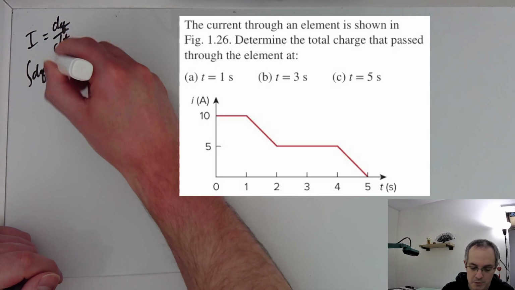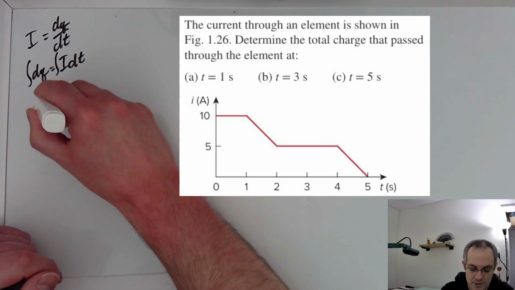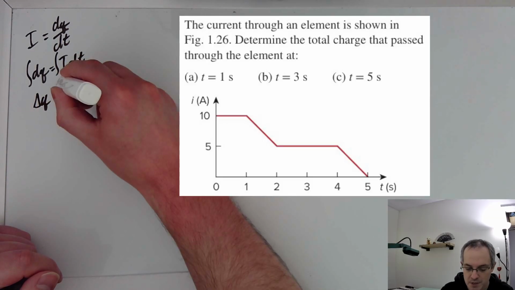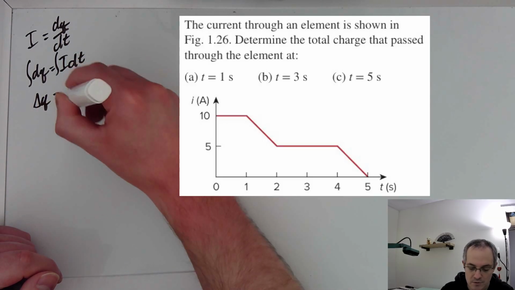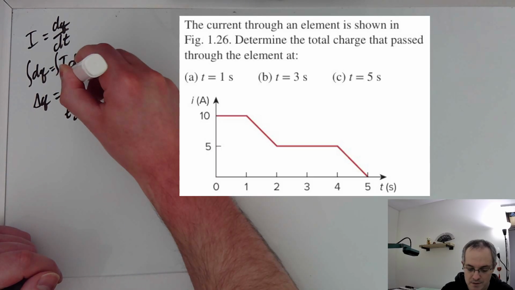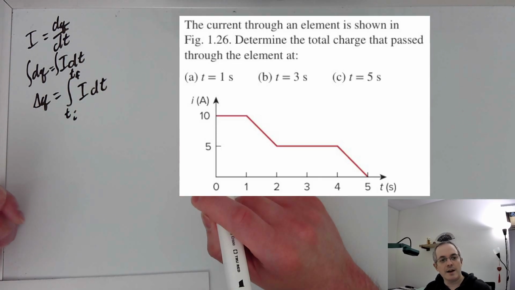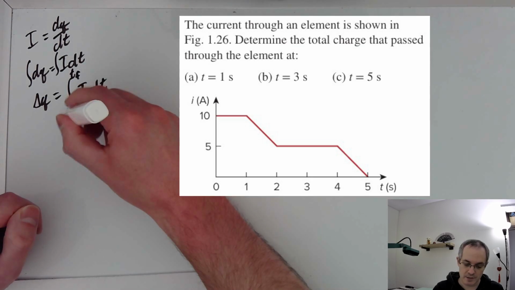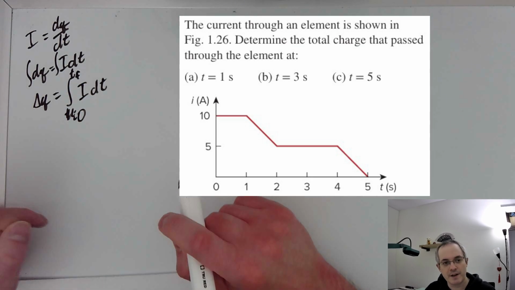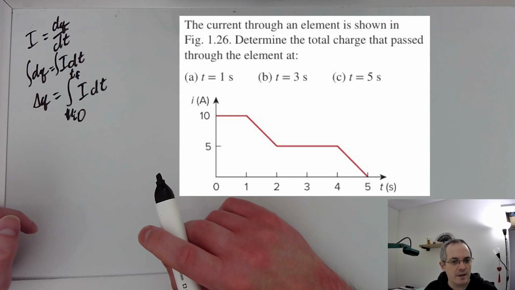And when you integrate both sides, you end up saying that the change in charge is equal to the integral from some particular initial time to some particular final time, I dt. So all we have to do is say our initial time is 0, and our final time is 1 second, 3 seconds, and 5 seconds.